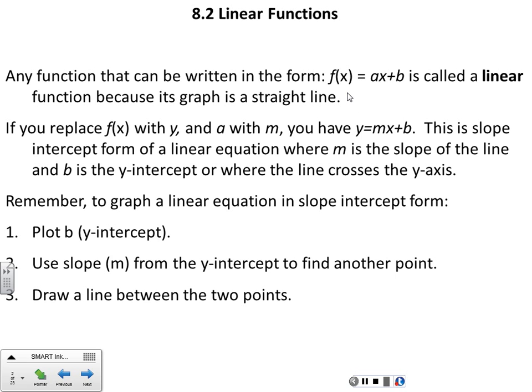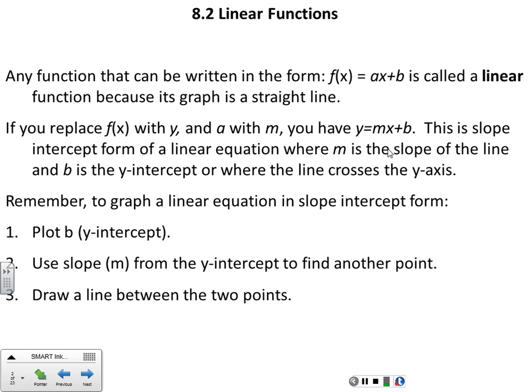F of x and y are the same. A and m are your slope. X is just an arbitrary point. And b is your y-intercept. F of x equals ax plus b is just functional notation. It's workable notation. Y equals mx plus b is what we've been using since 7th grade.